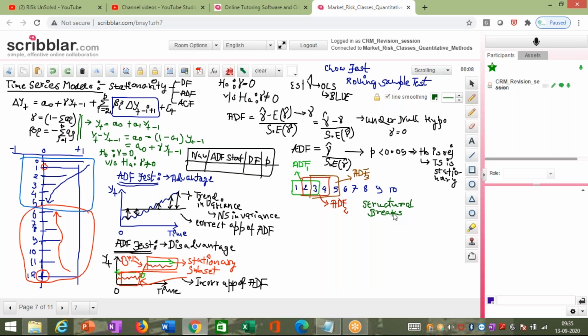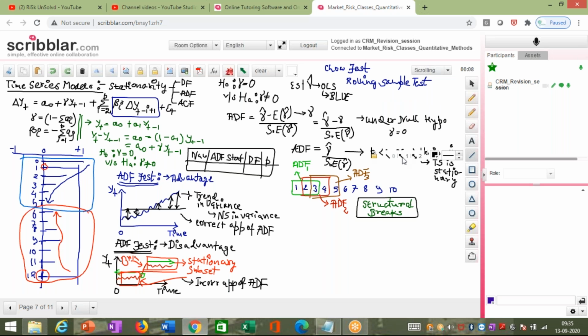Okay. So the first question that comes out here is about structural breaks. When I talk about structural breaks, what does a structural break look like for us?